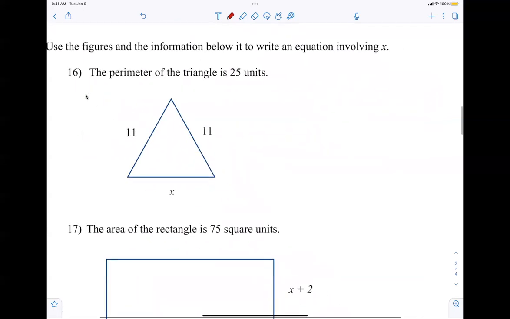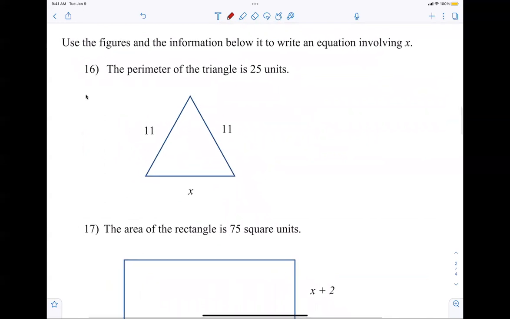Okay, Max. Read it to me. 16. And the perimeter of the triangle is 25 units. Okay, so what does perimeter mean? Perimeter means add up all the sides. Okay. So you see, you're adding up all the sides.